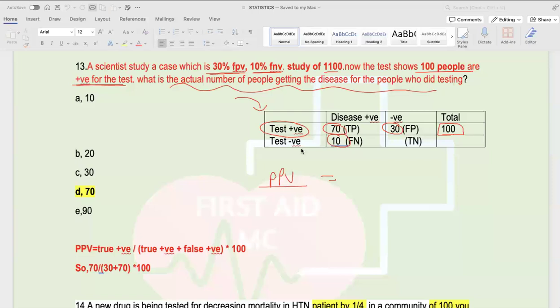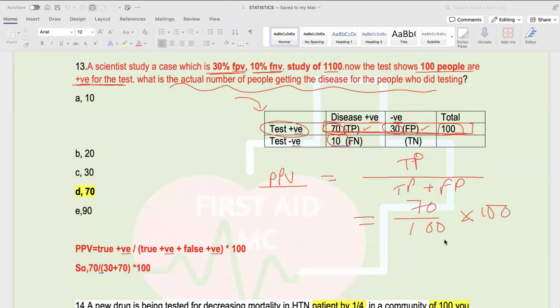So to find out the positive predictive value, we know it is the top row, which is needed. And we know that to find out the positive predictive value, we need true positive divided by true positive plus false positive, because it's all about the top row. So we know true positive equals 70 and total is 100. And we just multiply by 100 because we are just doing the rate, or PPV rate.